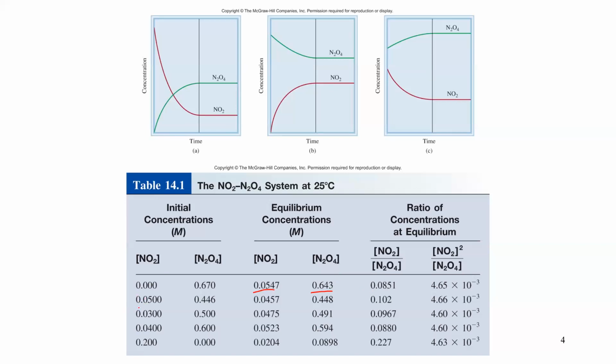I'm going to start with a little bit of NO2 and a little bit of N2O4. They reach equilibrium too, but those concentrations are different. All the way down to starting with just NO2 and no N2O4, we still reach an equilibrium, and yet they're all different values. And so the concentrations are all different.